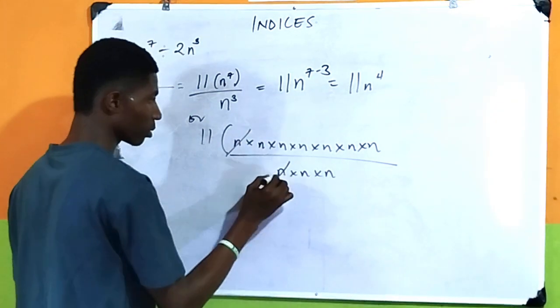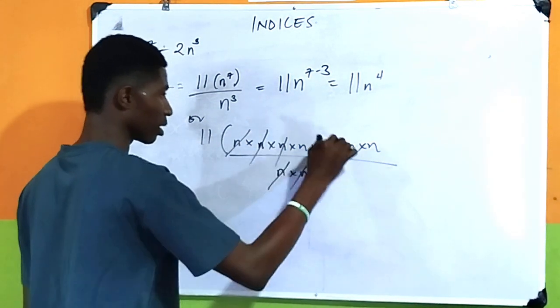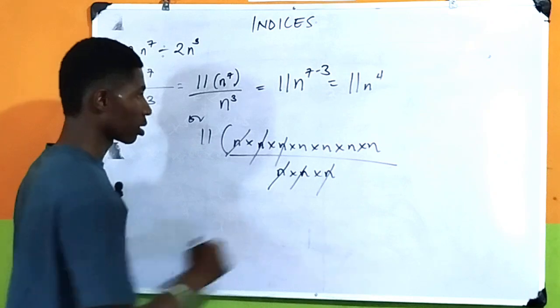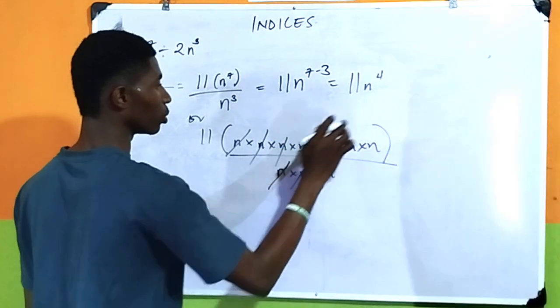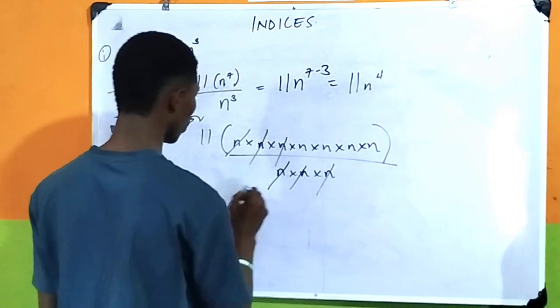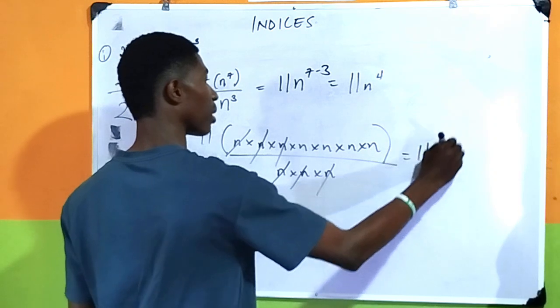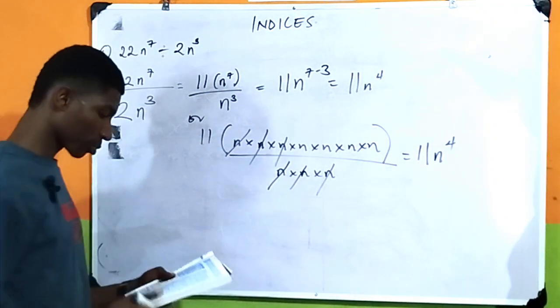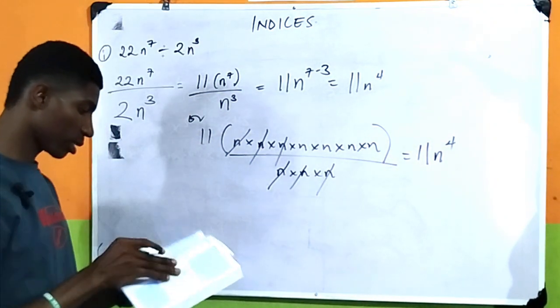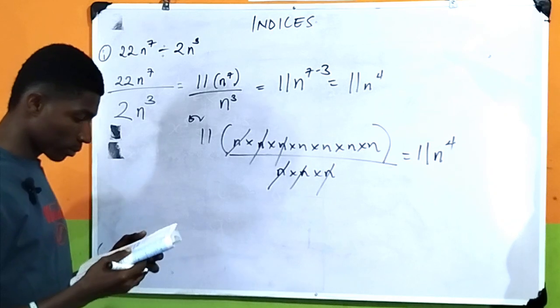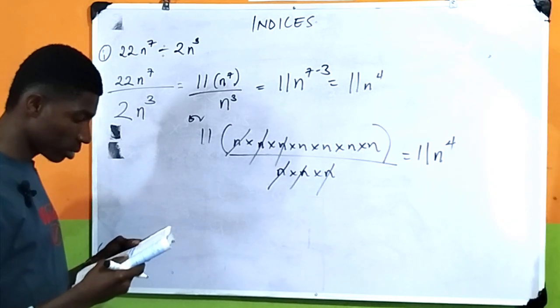So n cancels out, n cancels out, n cancels out. How many n's are left? 1, 2, 3, 4. So I have 11n^4. I hope this is clear. Now we take another example.